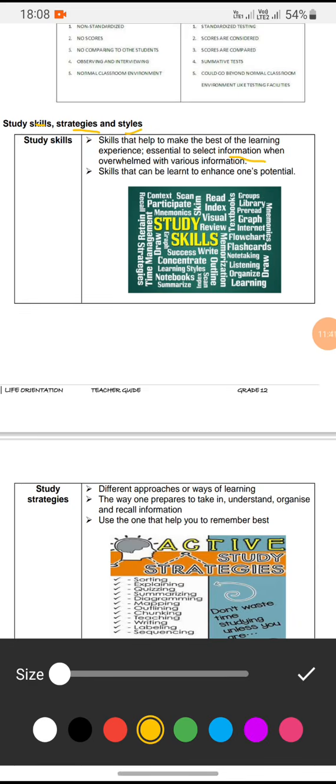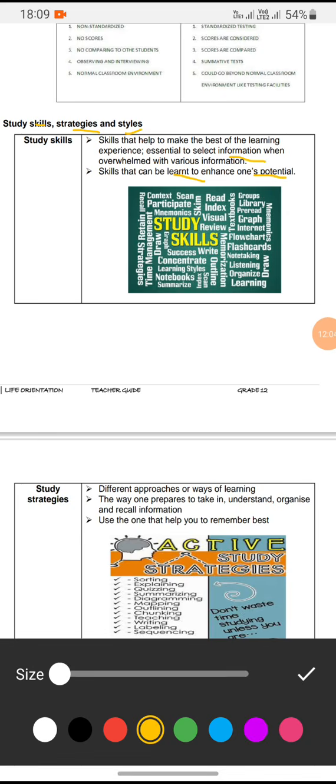You know what? Study skills are skills that can be learned to enhance one's potential, right? Skills like concentration, taking notes, doing summaries, and all the stuff. So these are the skills that someone learns in order to do what?